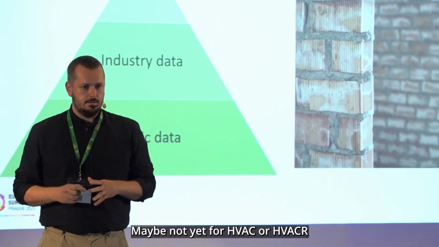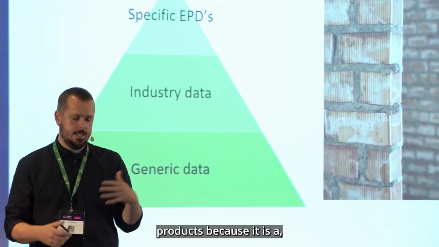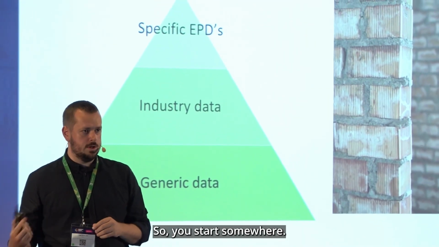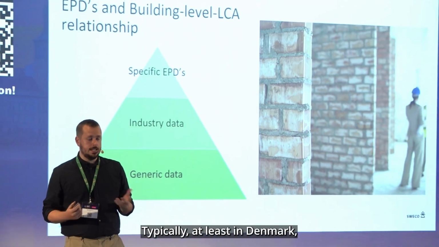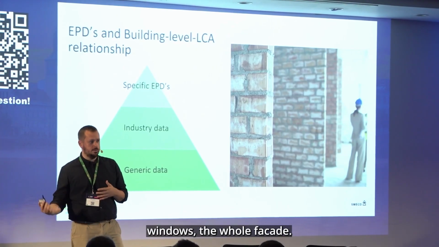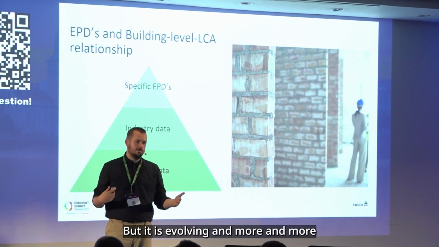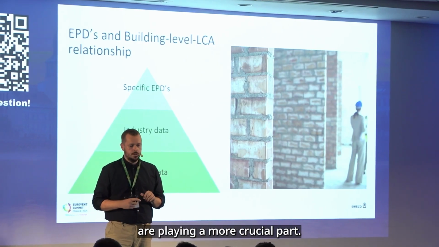Maybe not yet for HVAC or HVAC-R products, because it's a journey. So you start somewhere. You start with some other building components. Typically, at least in Denmark, there has been a lot of focus on concrete, steel, windows, the whole facade. But it is evolving, and more parts of the building are playing a more crucial part.